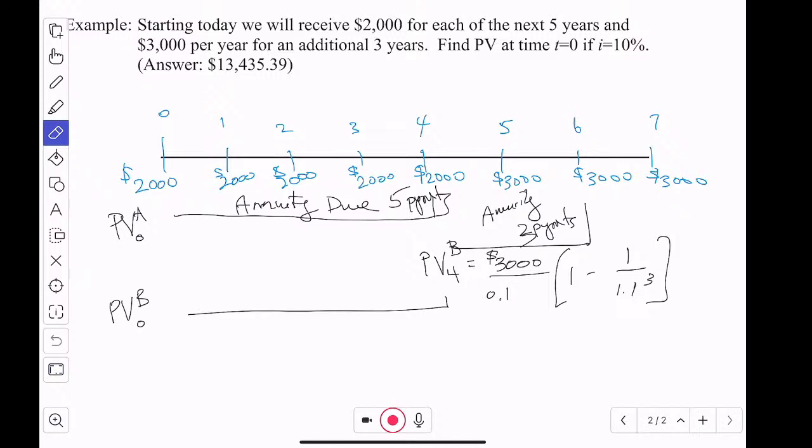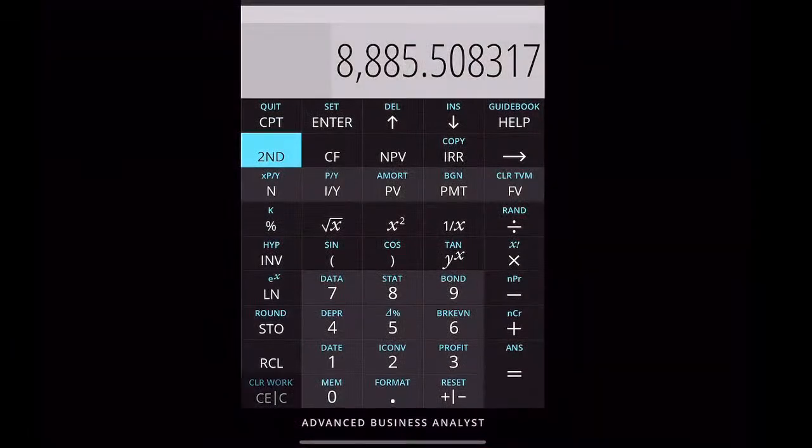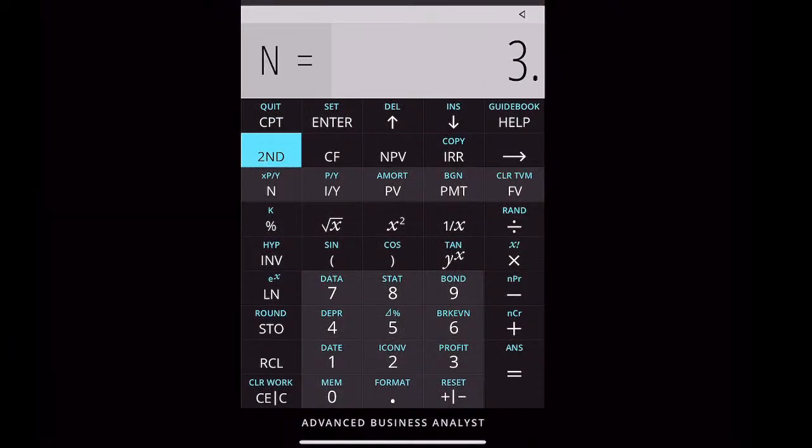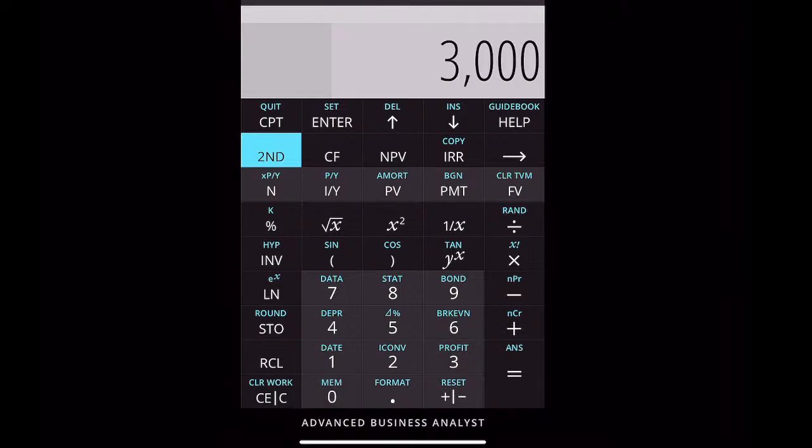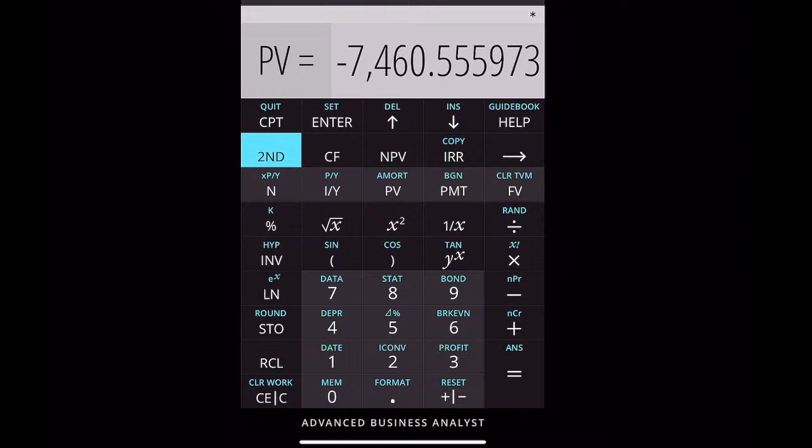This would be on our calculator 3003, right? So it's 3 periods, a 10% of $3,000, 0 into FV, we ask for PV. So 7460555973. Store 1.